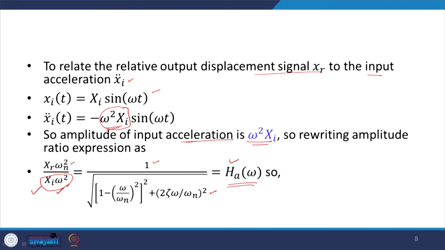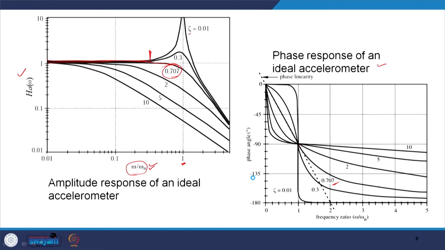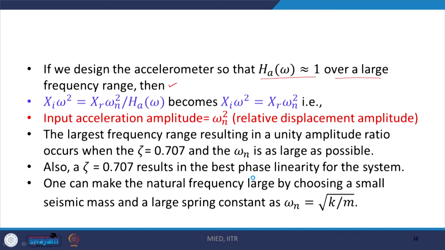xr omega n square is equal to xi omega square, because this value is going to be 1. So, I write xi omega square is equal to xr omega n square divided by h a omega, and this h a omega, as I said, is 1.